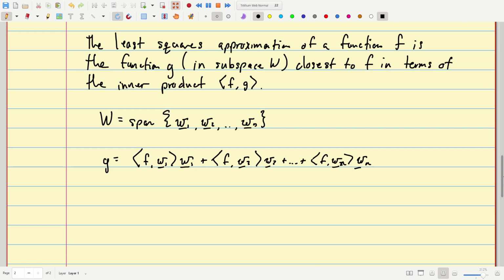This is how we define the solution to the least squares problem. If I have some kind of projection matrix or some system defined, the solution to the least squares problem is the vector in the column space of the linear transformation that's the closest to the right-hand side. F here would be the analog to the right-hand side.